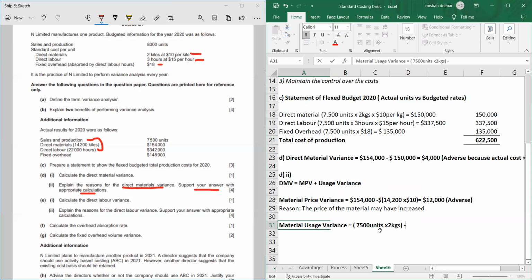So this would be our consumption. And how many were actually used? 14,200 kilos. So minus 14,200 kilos. So we have used 800 kilos less at the cost of $10, making it $8,000.